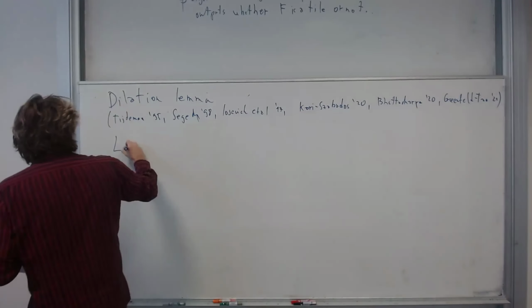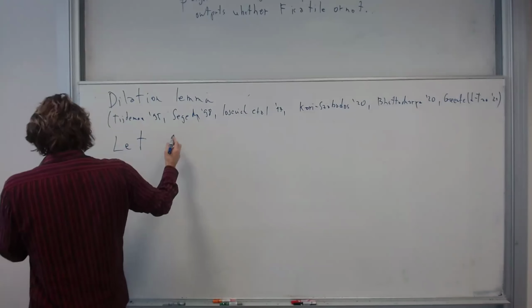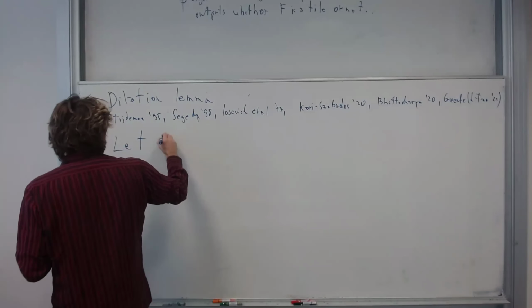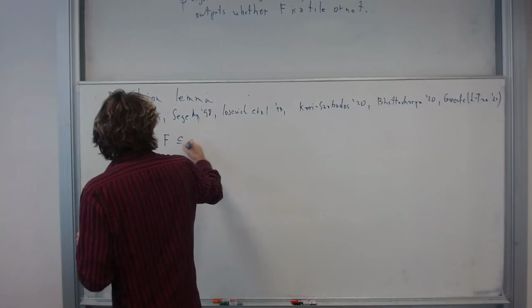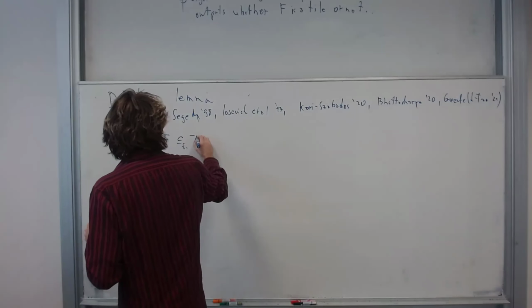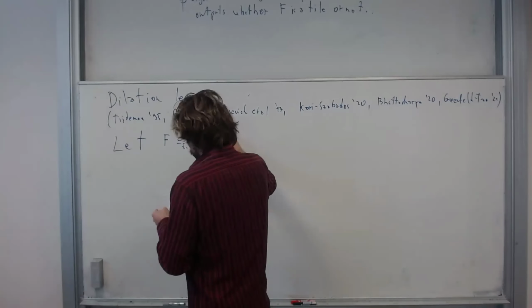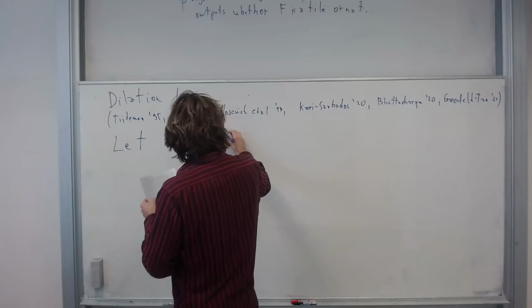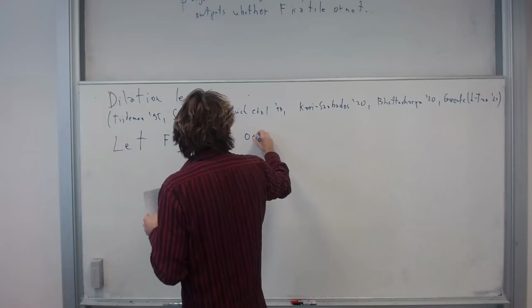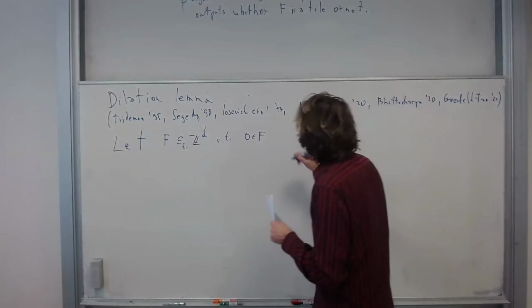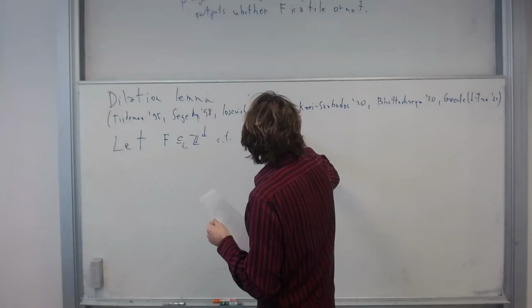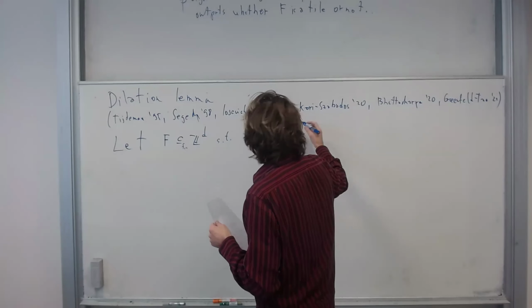So let F be a finite subset in Z^d such that it contains the origin and it's a tile.